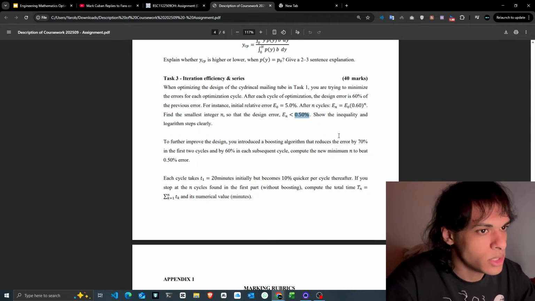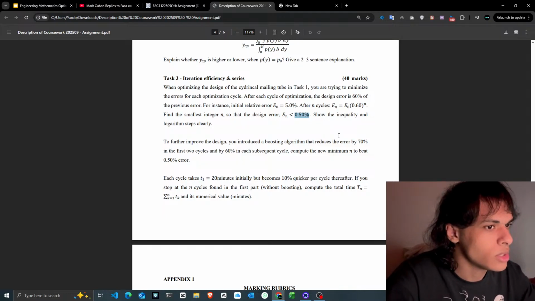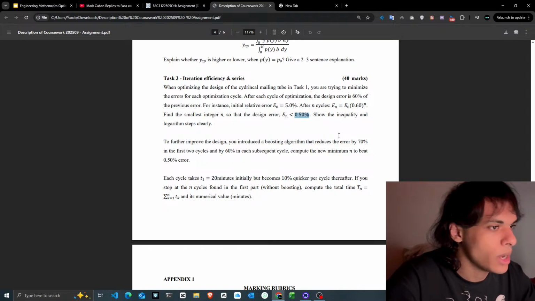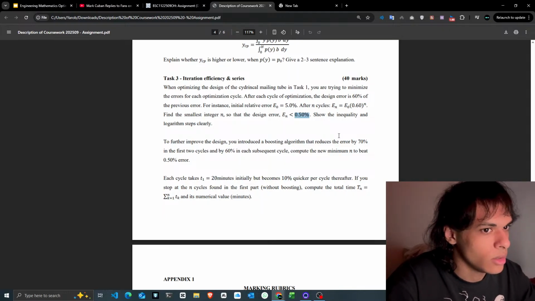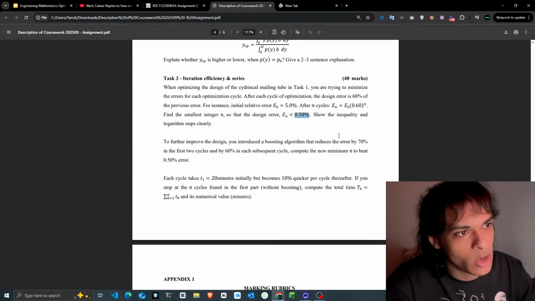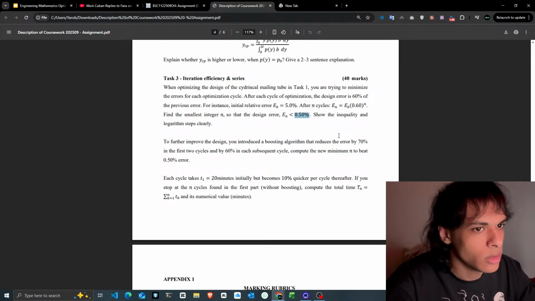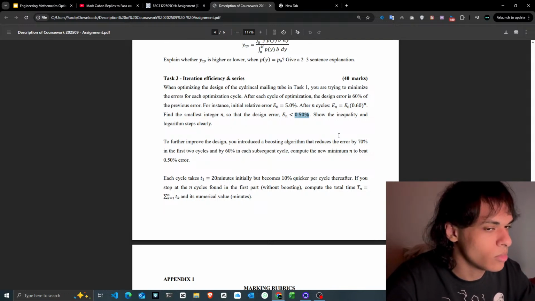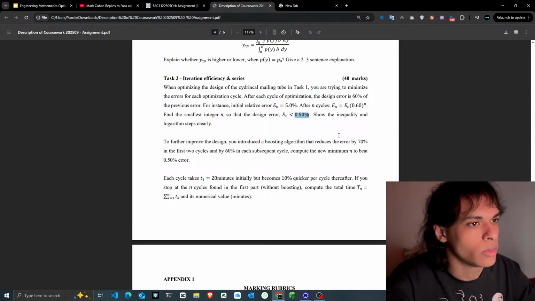To further improve the design, you introduce a boosting algorithm that reduces the error by 70% in the first 2 cycles and by 60% in each subsequent cycle. Compute the new minimum n to beat the 0.5% error.